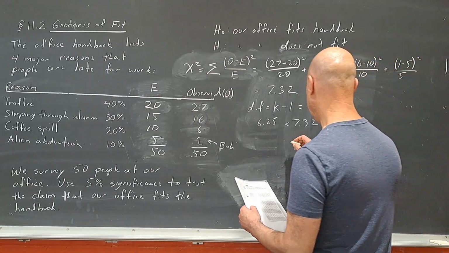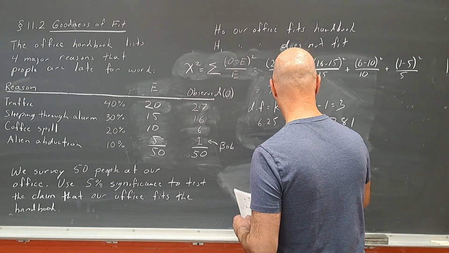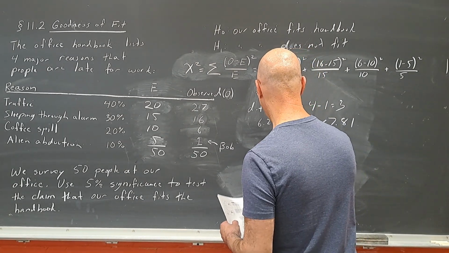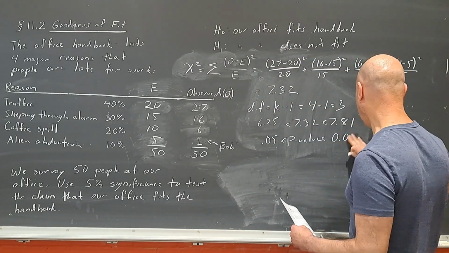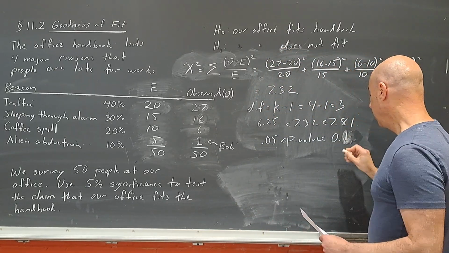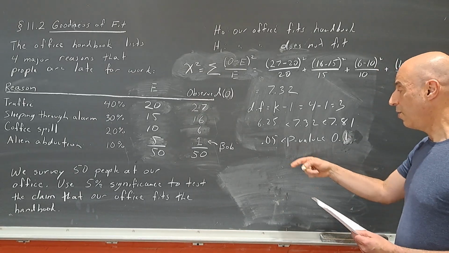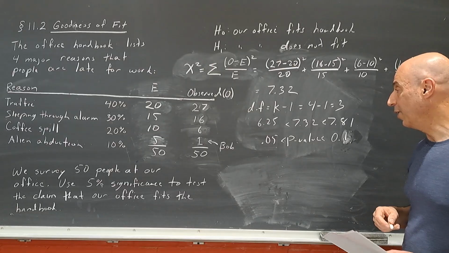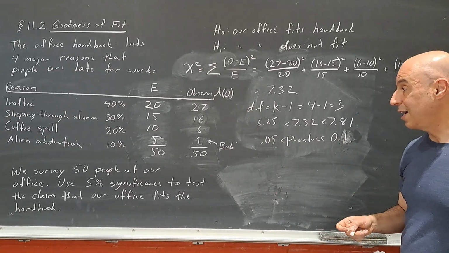And so the p-value, we look up to the top, our p-value is definitely bigger than 0.05 and definitely smaller than 0.1, which are the 2 values at the top of the table, 0.050 in the table, 0.100 in the table. So the p-value is bigger than 5% and smaller than 10%.